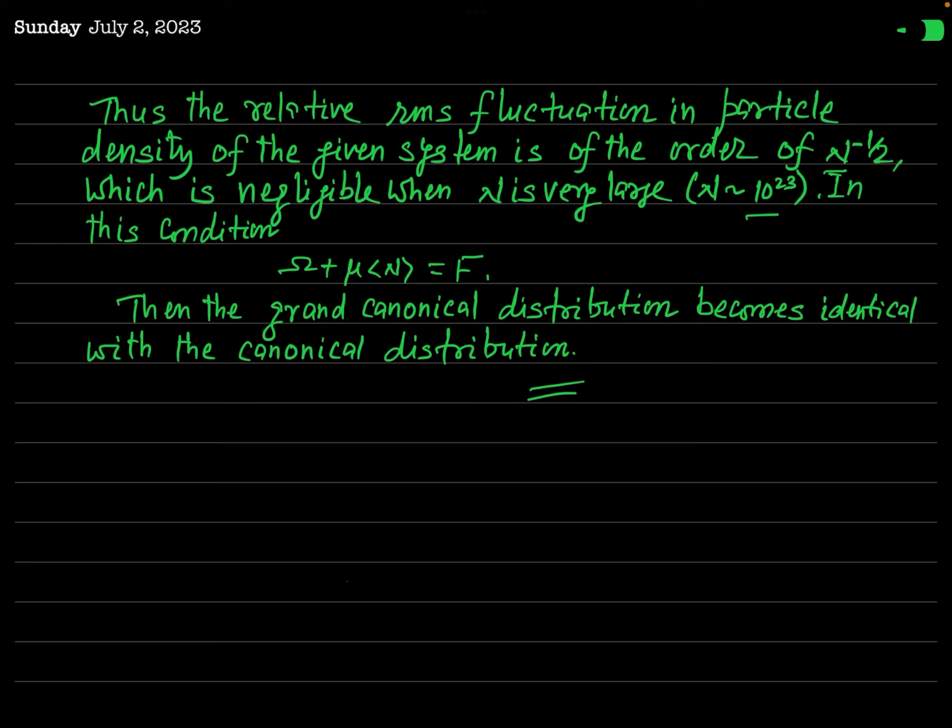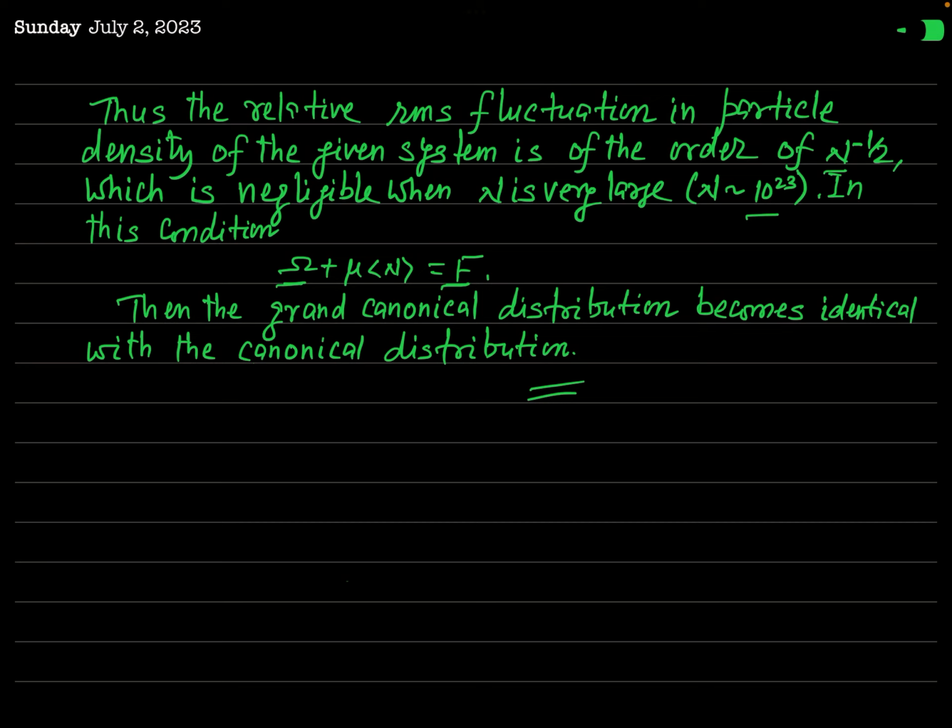And as you have learnt earlier, in place of the Helmholtz free energy function, this F, in the case of the grand canonical ensemble we use the grand potential, this omega. It means the role played by the free energy function in the canonical ensemble is played by the grand potential in the grand canonical ensemble.